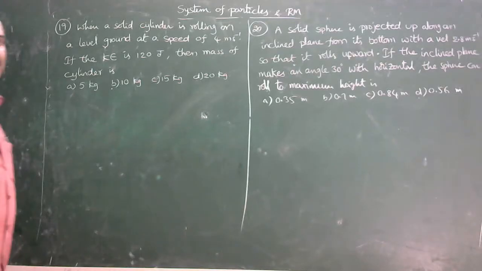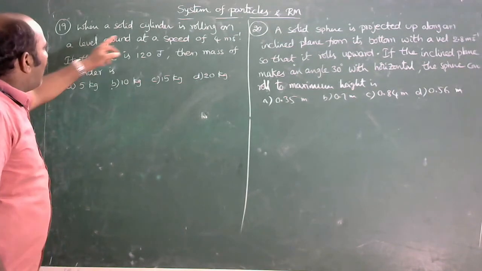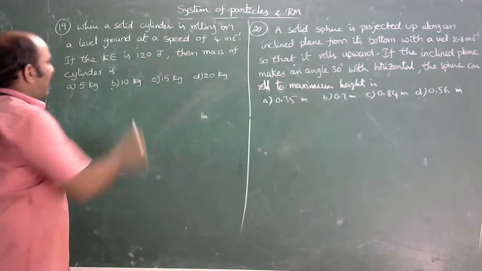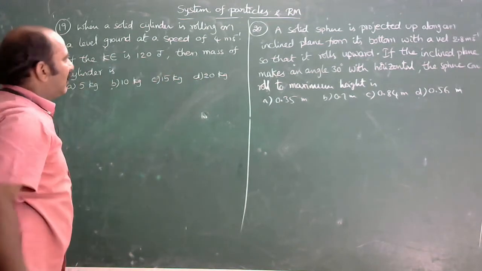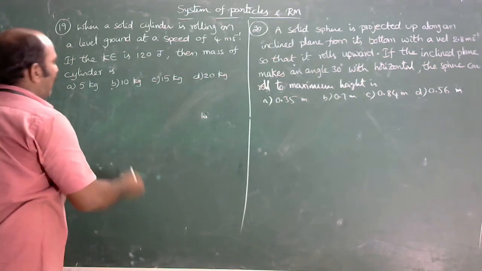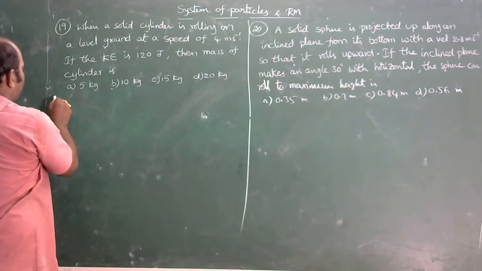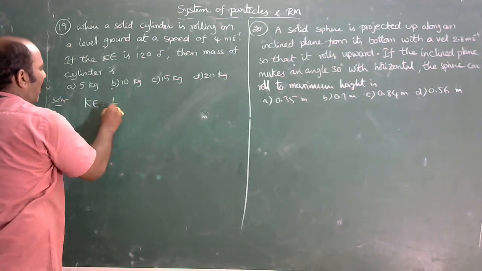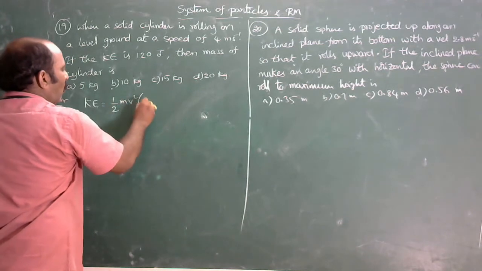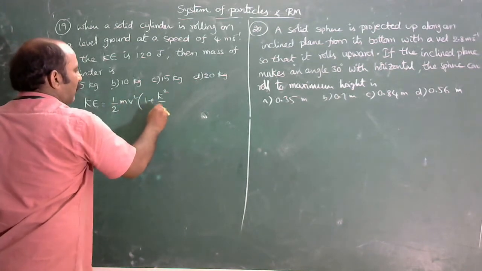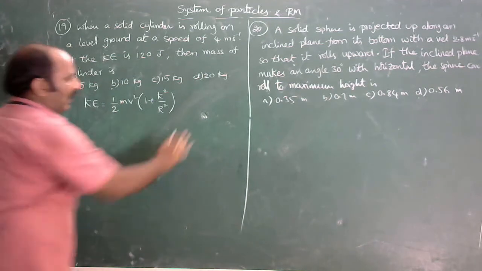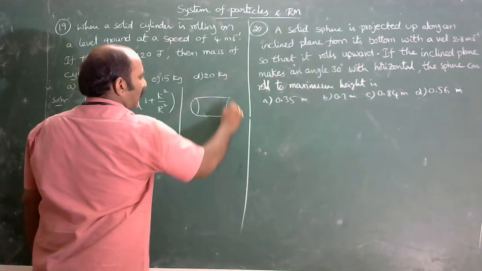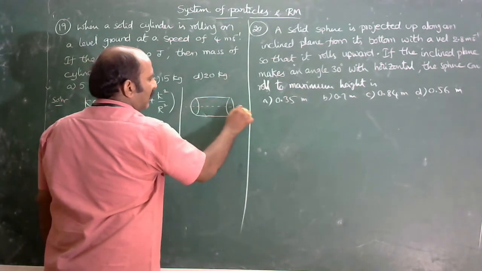Okay, next one. When a solid cylinder is rolling on a level ground at a speed of 4 meter per second, the kinetic energy is 120 joule, then the mass of the cylinder is. Kinetic energy for a rolling body, you know, KE is equal to half mv square of 1 plus k square by r square. k is the radius of gyration. Now, for a cylinder, when it rolls, its axis is like this.